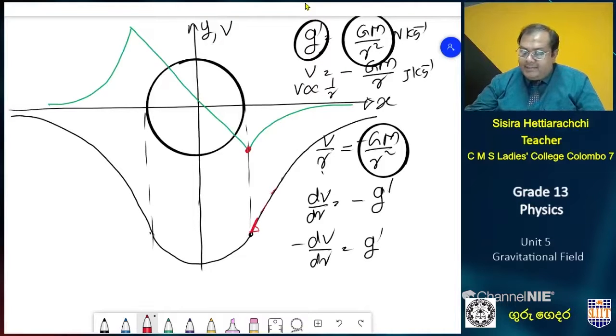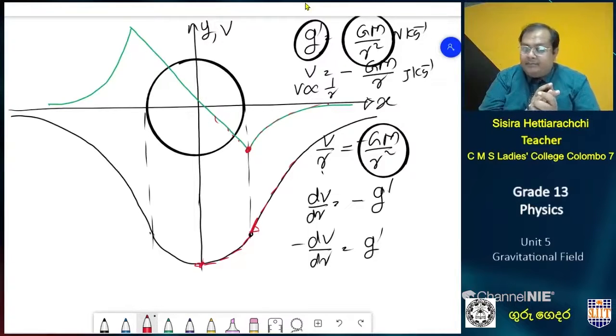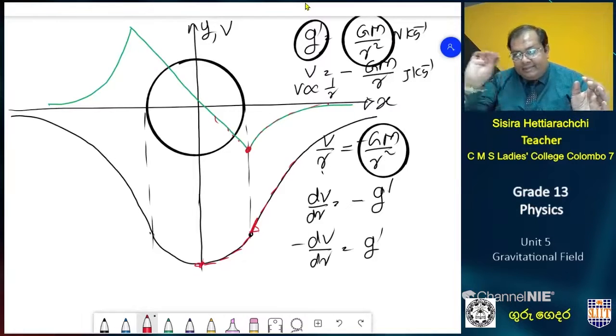And you can see here gradient decreases, then this one decreases. After that you can see gravitational field intensity decreases, potential gradient decreases, and at the midpoint gradient is 0. No need to know how to compare them, but basically you should know outside of the earth, field intensity variation and potential variation.